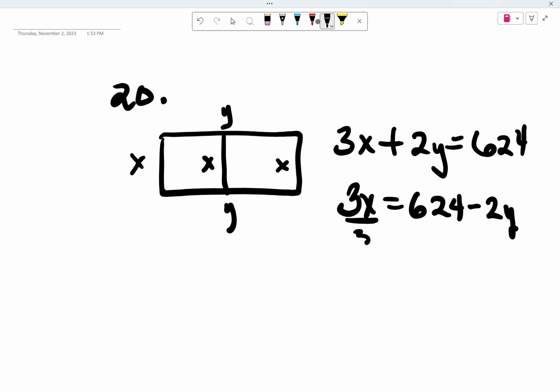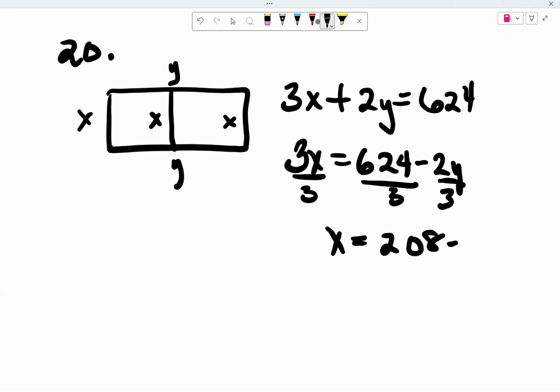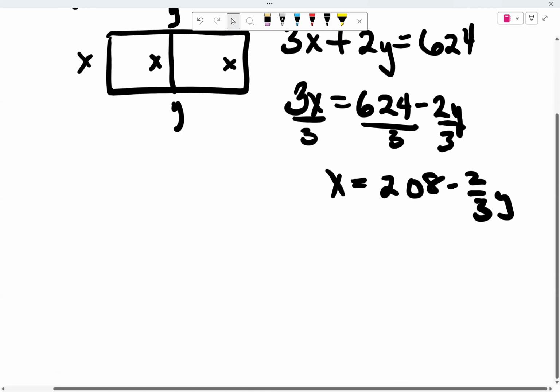And now I can divide by 3 all the way across. So now I have X equals 208 minus 2/3 Y. And I can now solve accordingly.